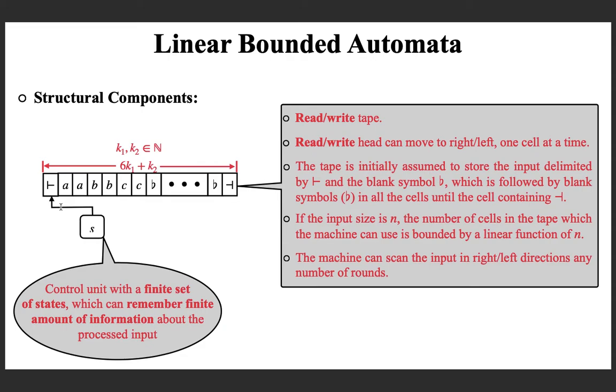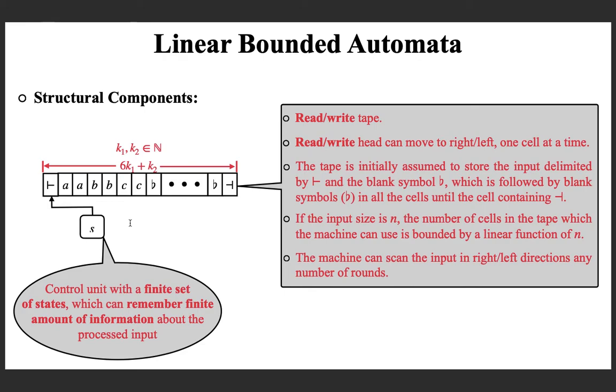Recall that if you just look at the structure, you feel like a component is removed when you compare it with the push down automata, because there was an extra component. And remember that in that case, you are not allowed to write into the tape, but here you are allowed to do that. And we saw that this machine is more powerful than push down automata.